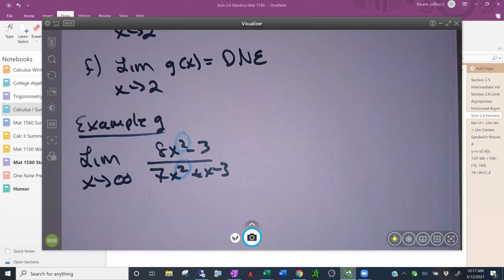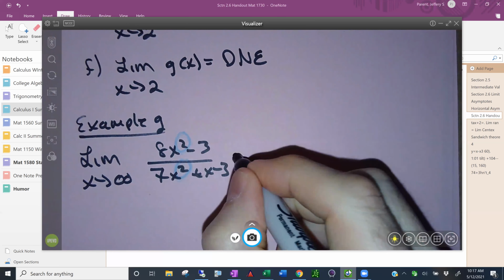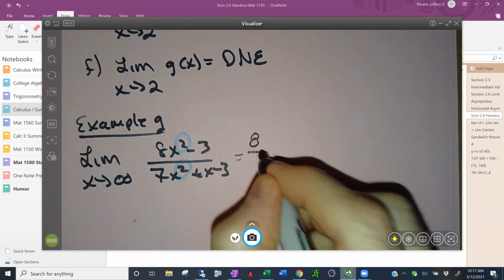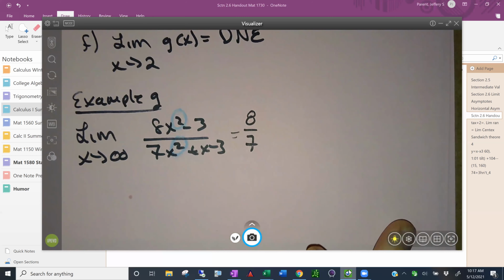Both of these are polynomials of degree 2. So if that's the case, then the limit is just going to be the ratio of the leading coefficients. It's just going to be 8 over 7. That's all there is to that one. It's kind of nice. Let me show you why that works, though.